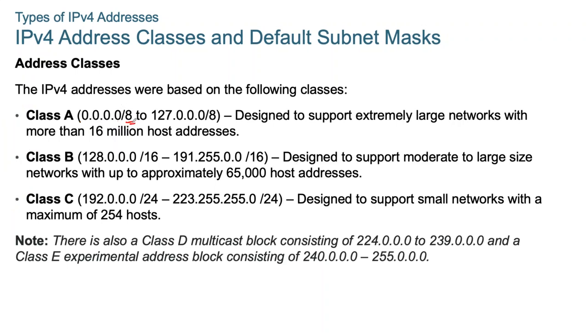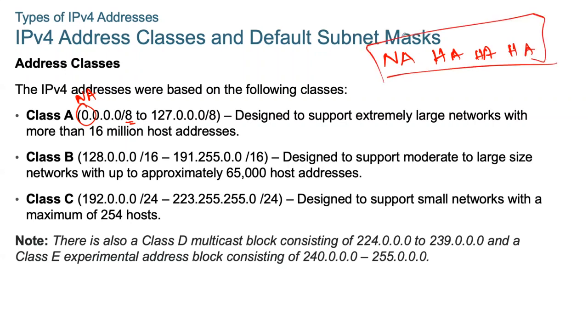It is using the first byte for your network address, and the next bytes are your host address, in the IPv4 format. First byte is network address, remaining 3 bytes are your host address. Okay, and these class A addresses are basically designed to support extremely large networks with more than your 6 millions of that.